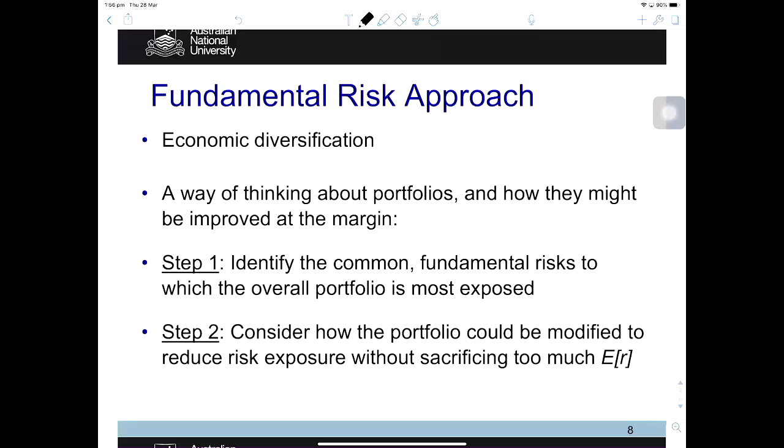So the first step to apply the fundamental risk approach is analyzing the fundamental risk factors of the total portfolio. Sometimes this total portfolio includes background assets, sometimes the human capital of the investor.